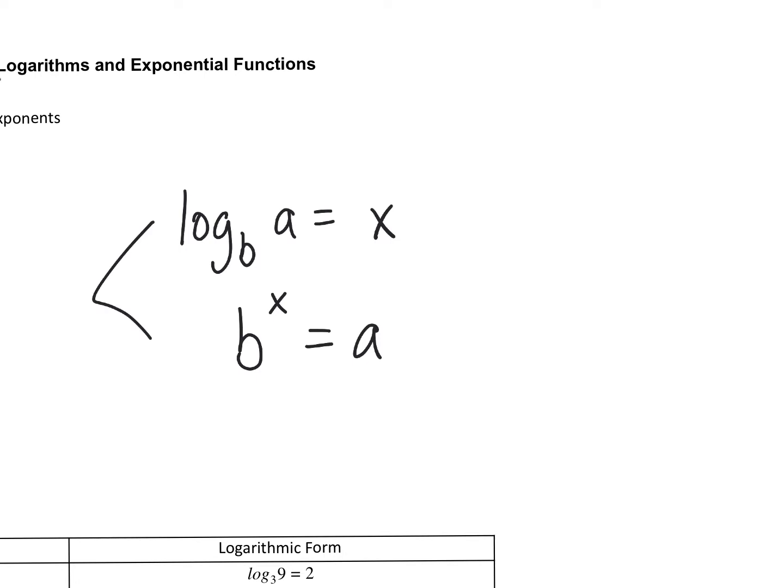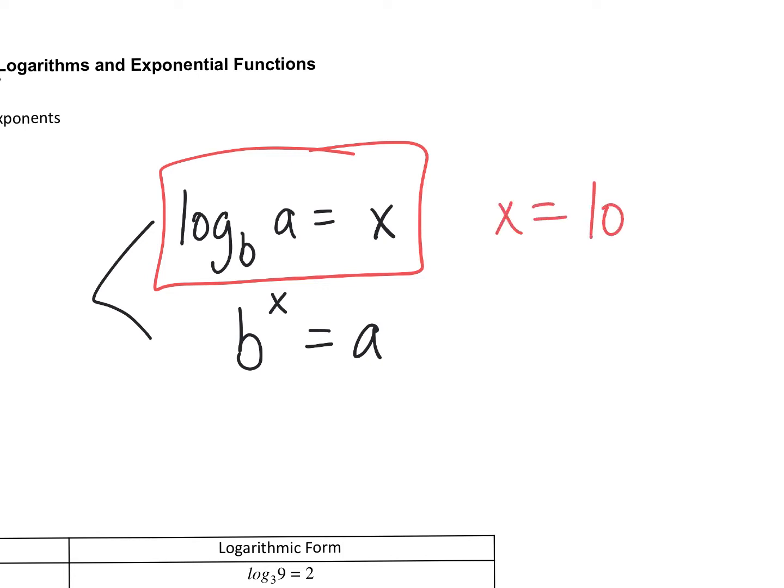And that's what the front side of this worksheet is all about, is just figuring out how to go back and forth between the two values, okay? One thing that's important to note, I can switch the sides of an equation, right? So this is the same thing as x equals log base b of a.